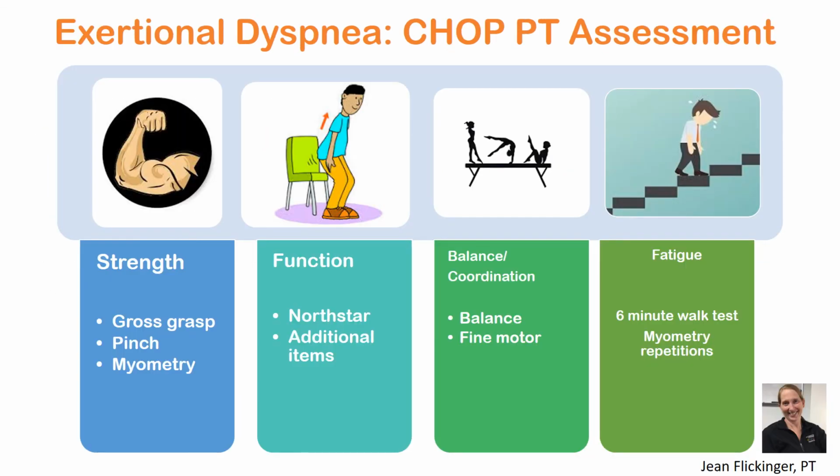Now in the last few slides, I'd just like to introduce what Jean Flickinger, our mitophysical therapist, does in our clinic at CHOP. Patients are seen where different domains are measured, which are very much integral to the muscle impaired oxidative phosphorylation. So strength is measured, the functional ability of the patient is measured, balance and coordination, and muscle fatigue is measured.